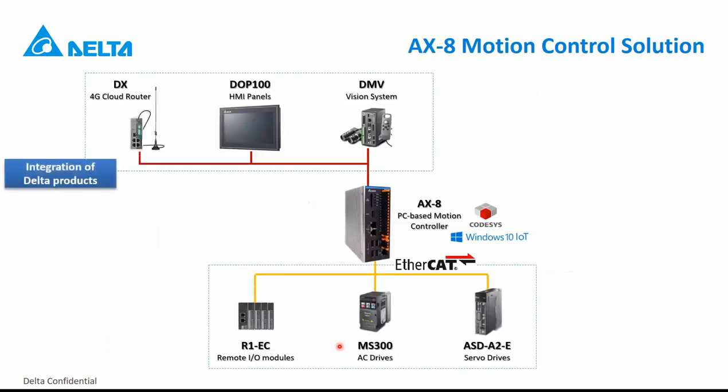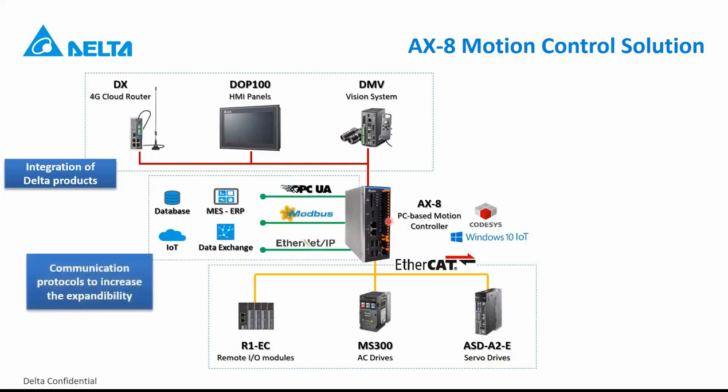Yes, this is how it looks like. And this is the communication topology, we can say. For the field devices, we use EtherCAT. And via EtherCAT, we can communicate with the servo, with VFD, or any third-party devices, remote I/O, input-output modules. After the controller executes them, the data is shared with the higher layer with Modbus TCP or EtherNet/IP or OPC UA.